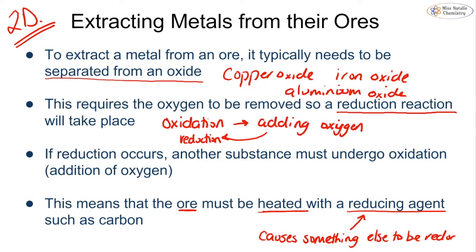And in order for something else to be reduced, it itself is oxidized. So the reducing agent is the compound that is oxidized, and that causes the metal ore to be broken down and undergo a reduction reaction to leave us with just the metal. And typically the reducing agent that we use is carbon.